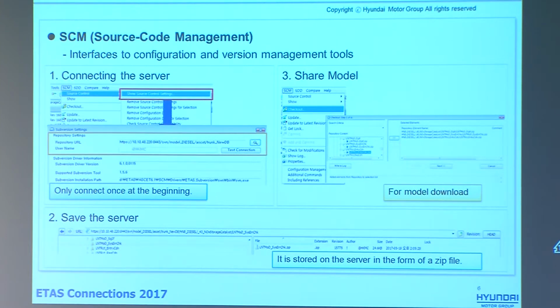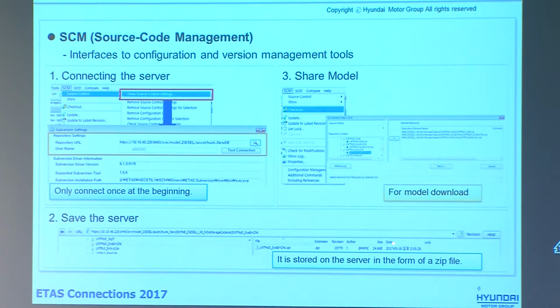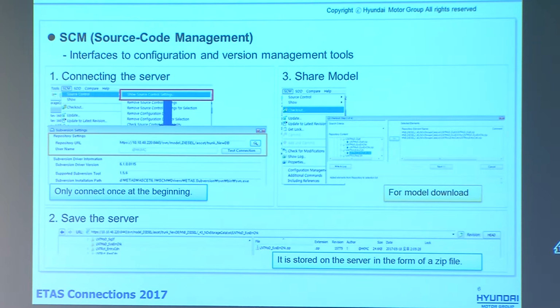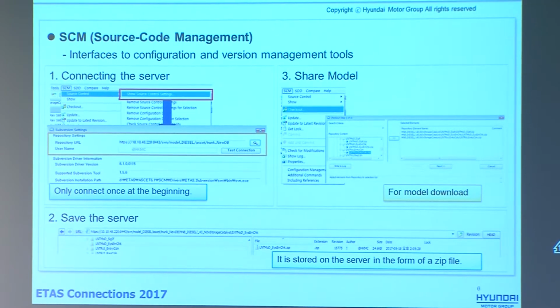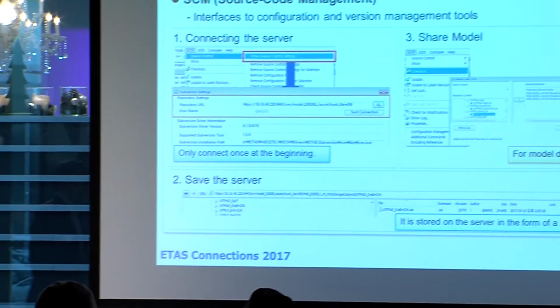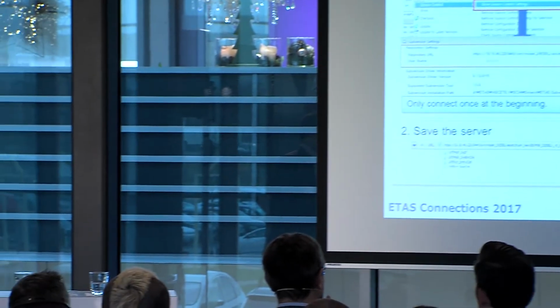And the modules are stored on the server in the form of a G file. This G file contains information such as the revision number, ID, and date created. If you want to save the modules developed by others on your PC, you can do a checkout.